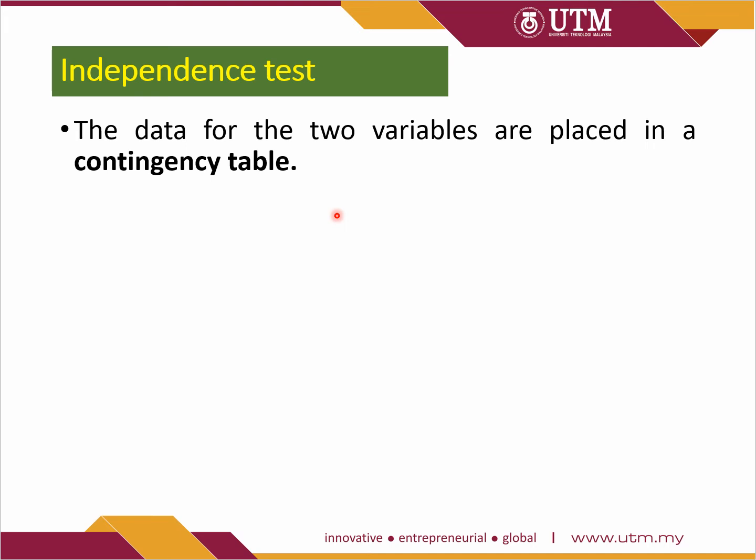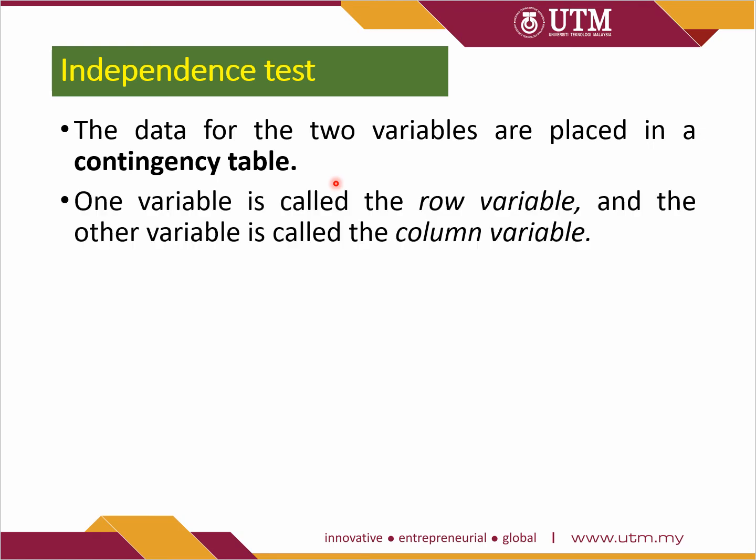Once we have gathered our data, we summarize it into a contingency table. The data for the two variables, we normally place in the contingency table. One variable is called the row variable and the other variable is called the column variable.